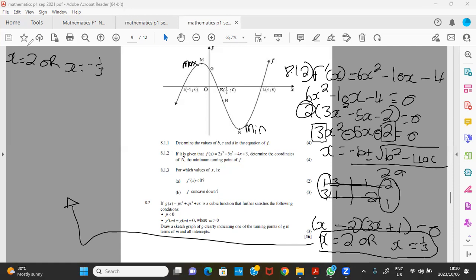To get the y values, I'm going to substitute back into my original formula. So f of 2 and f of minus 1 over 3. Please just punch that in and give me these values quickly, guys.